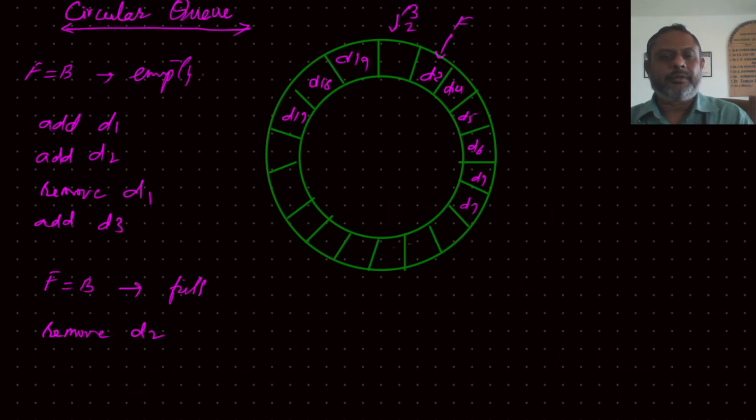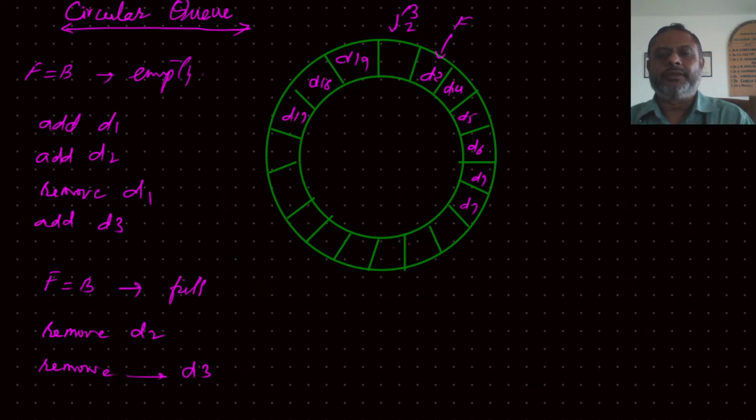So next time if you want to remove, then when you say remove, D3 will come out, because the front index is showing D3. So D3 will come out, and front will move one shift. So now we can see that these spaces which are freed are available for new writing.